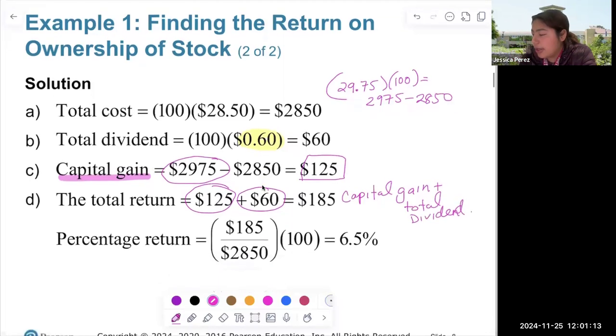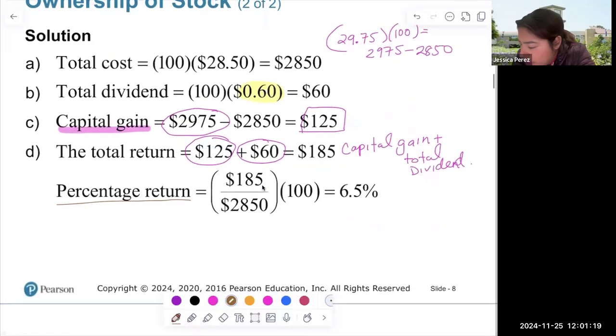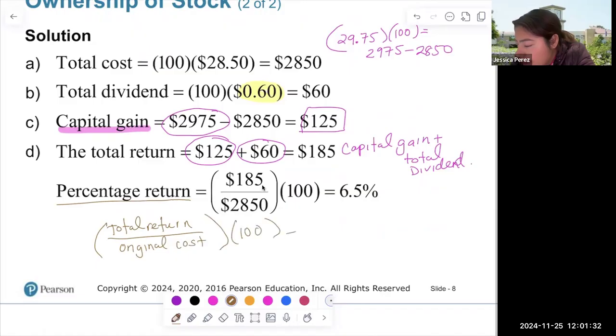Now, the last part is they're asking what the percentage return is. The percentage return would be the total return over the original cost, times 100. Why 100? Because I'm looking for a percent.